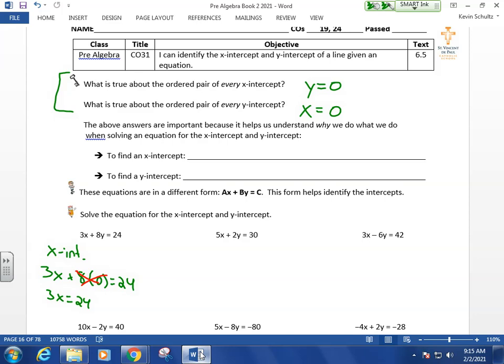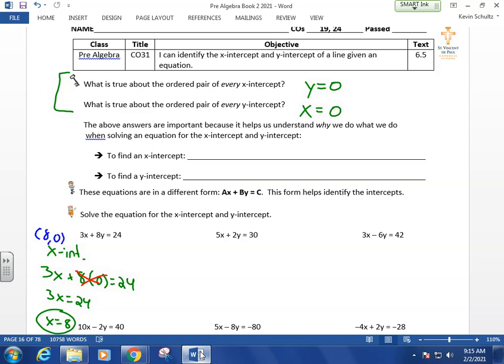And what value for x, when you multiply it by 3, gives you 24? 3 times what, Carly? 8. And if we use opposite operations and divide both sides by 3, which is how we would normally solve an equation, 24 divided by 3 equals 8. So the x-intercept of this equation, if we were to graph it, would be at 8, 0.